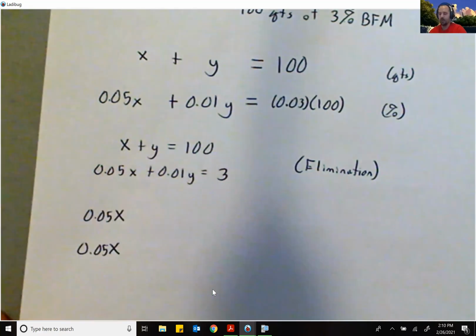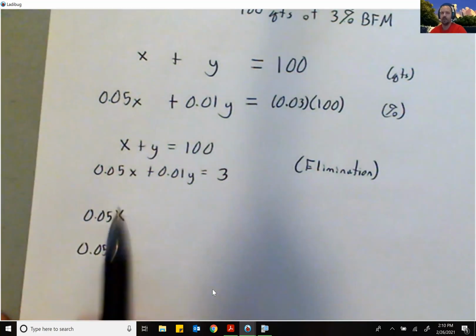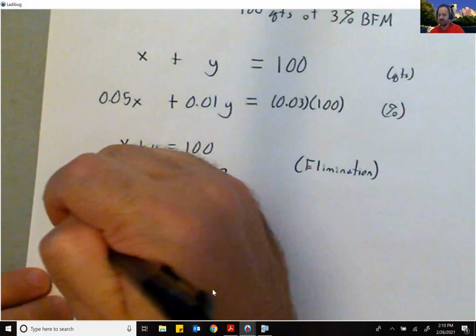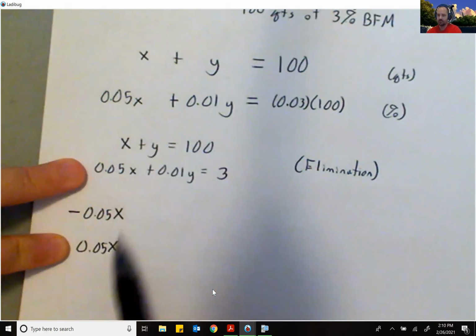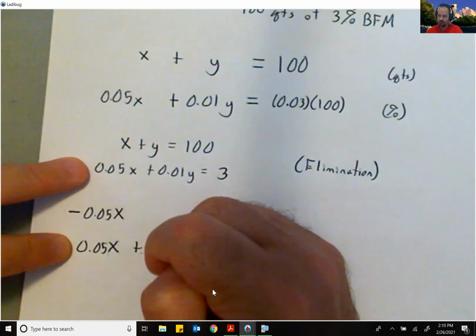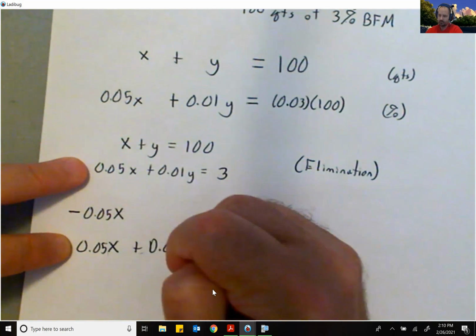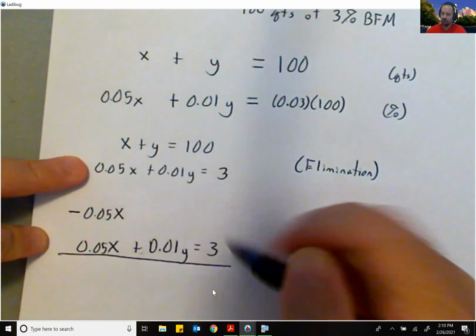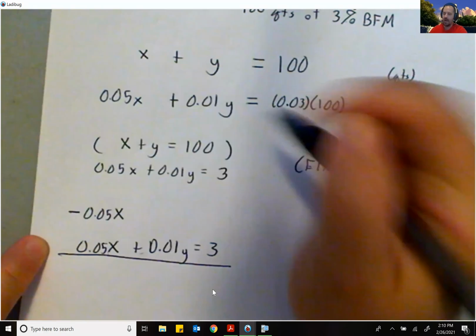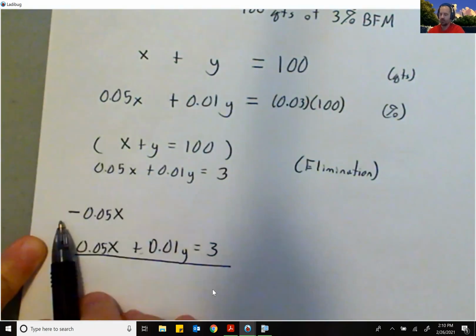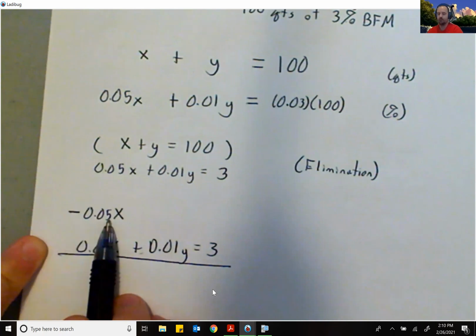Okay. And I need one of these to be positive and one to be negative. Which one's which? The top. Yeah, let's make the top one negative, because if you notice, these two right here already match. So let's just leave that bottom one alone and manipulate the top one.